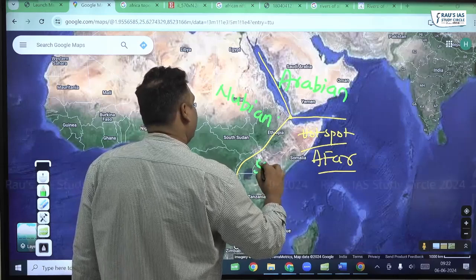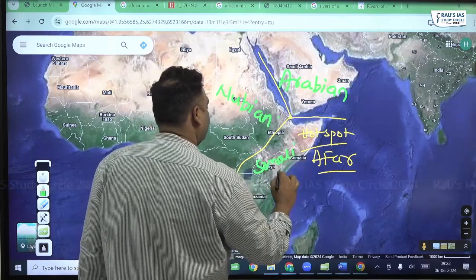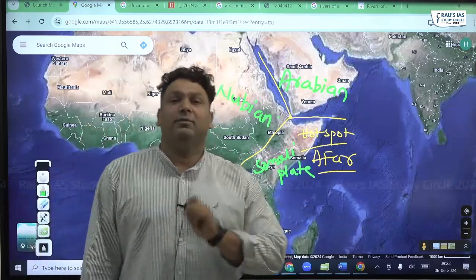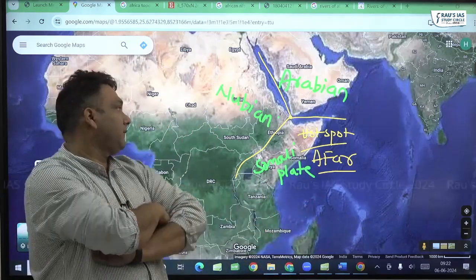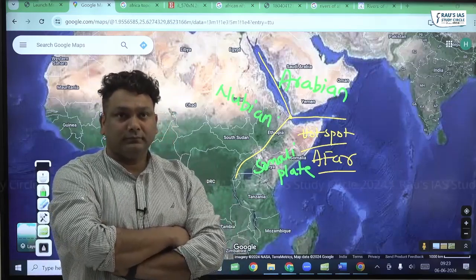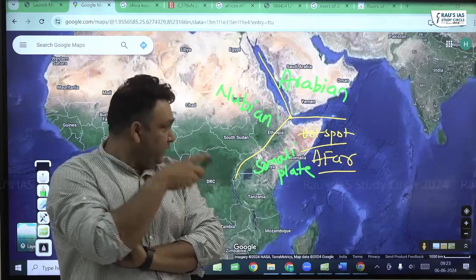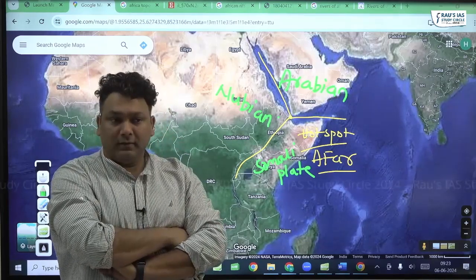You can call it the Somali plate in the future. This is at the junction of three tectonic plates: Arabian, Nubian, and Somali.